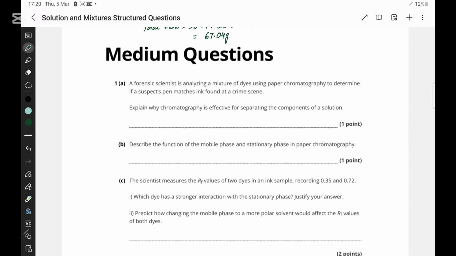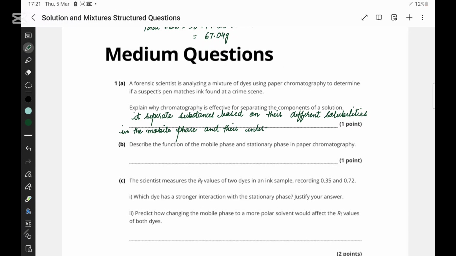So the reason is that it separates substances based on their different solubilities in the mobile phase, and their interaction with the stationary phase. Stationary phase is paper.